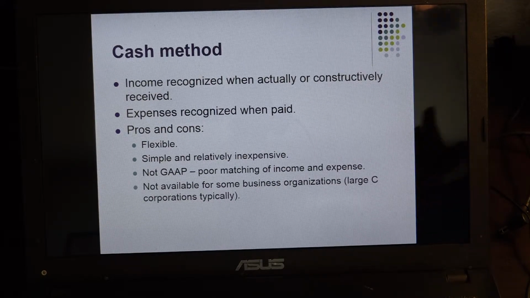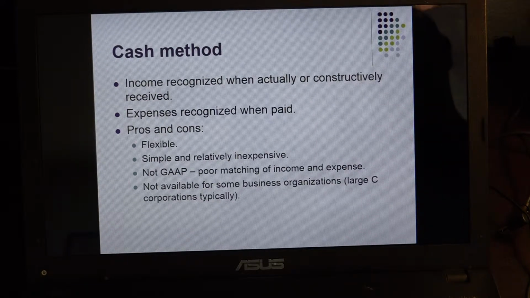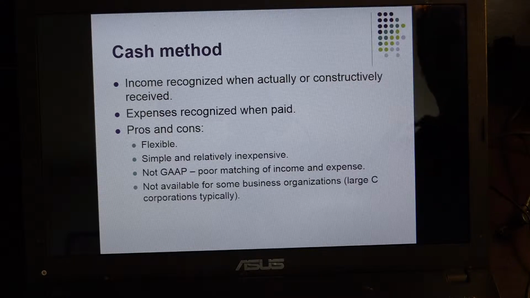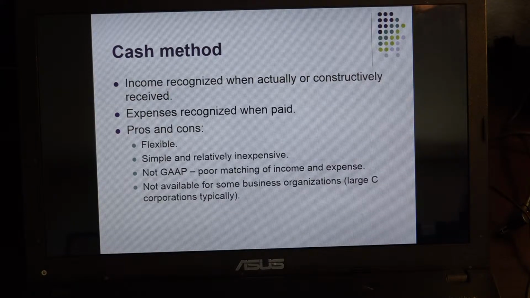So cash method, income recognized when actually or constructively received, expenses recognized when paid. The pros and cons. It's flexible. It's simple and relatively inexpensive. But it's not GAAP, and as such, there's poor matching of income and expenses.